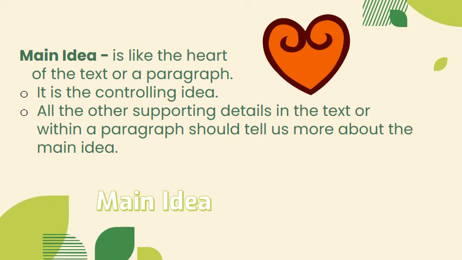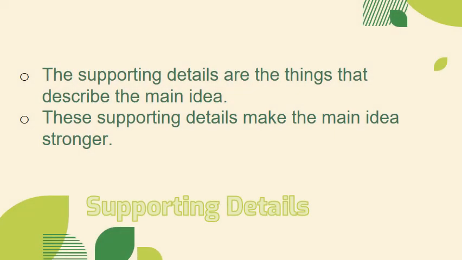The supporting details are the things that describe the main idea. These supporting details make the main idea stronger. How do I make my main idea stronger in my paragraph? I have supporting details. These are the steps that you follow to write a paragraph. So I also find them in any text or paragraph I read. I should have a main idea and I should have supporting details.